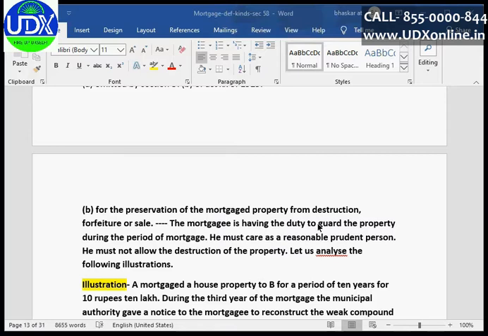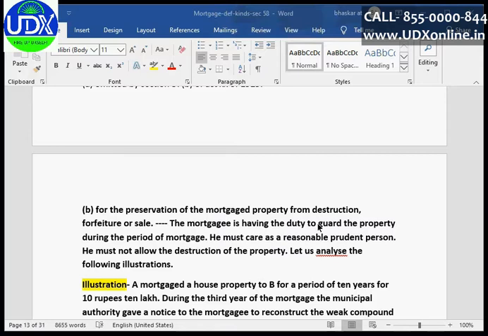Now you can ask me a small question. Consider the mortgager is not available easily.